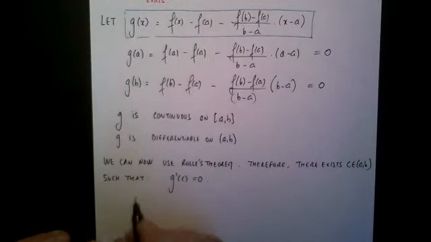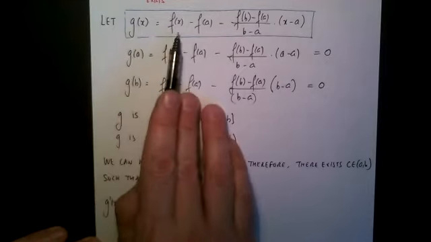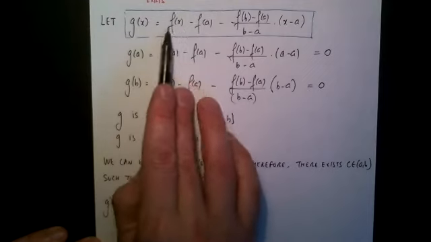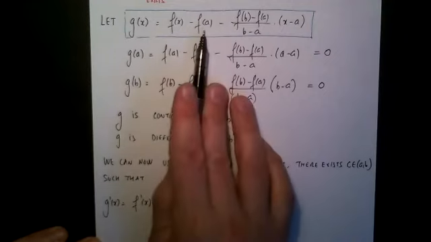Okay, so let's find g prime. What is g prime of x? That's g of x, right? So g prime of x will be the derivative of this, which is f prime. What's the derivative of this?